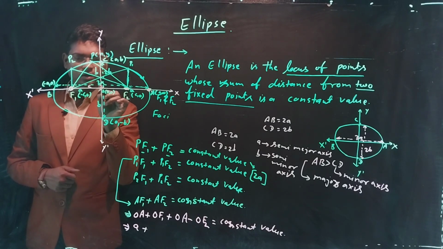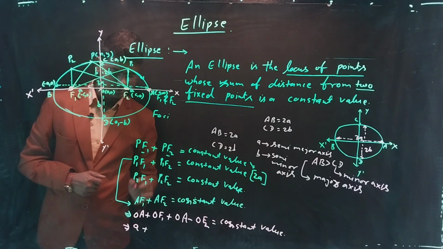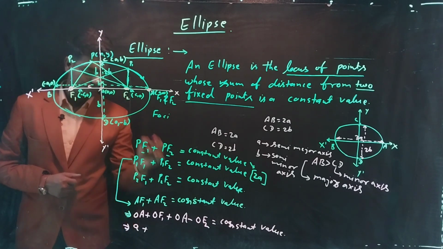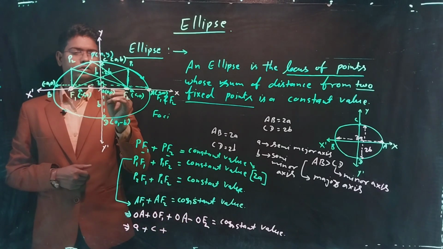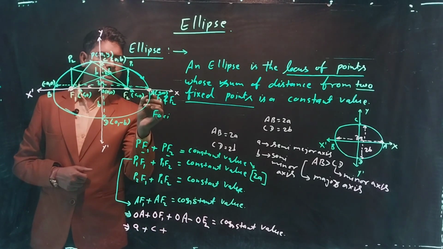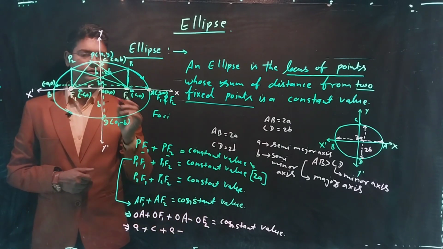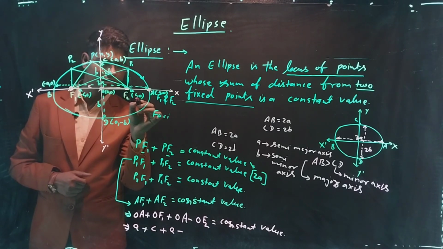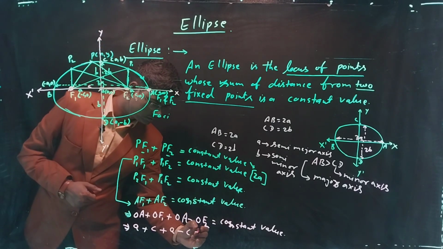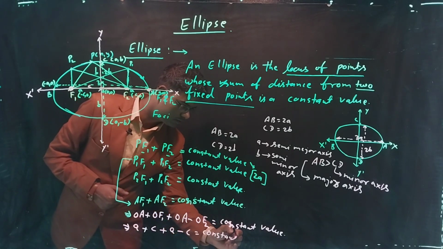We need only distance, so we will use only c, not minus c. Then AF1 is a plus c. And AF2 is OA minus OF2, which is a minus c, since OF2 is nothing but c. This is equal to the constant value.